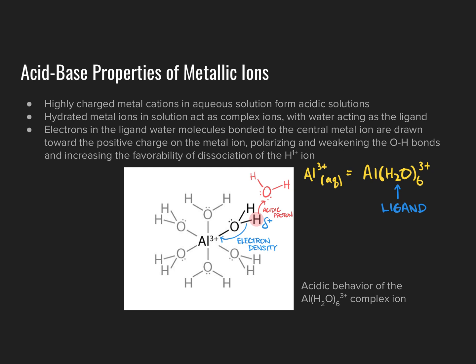And important to note here, this effect is more pronounced the larger the charge on the metal cation, given that the larger the charge on the metal cation, the greater the ability of that metal cation to attract electron density towards itself.